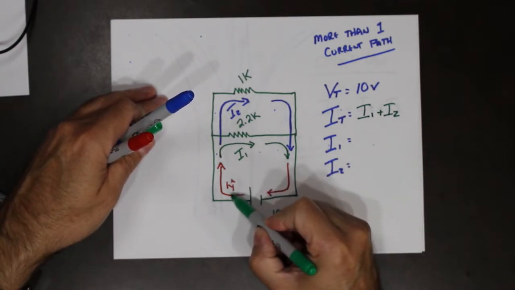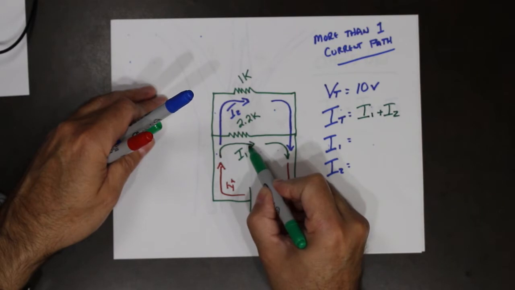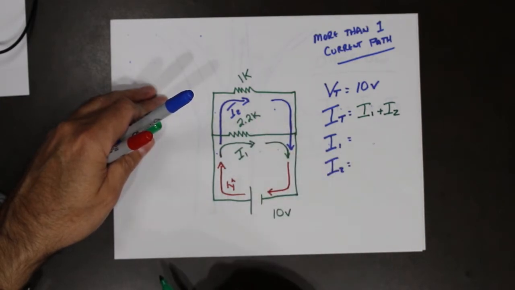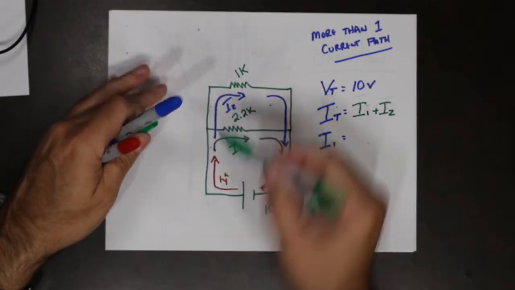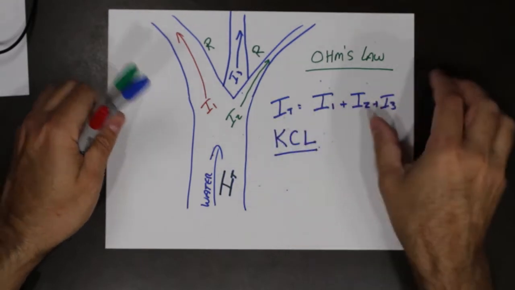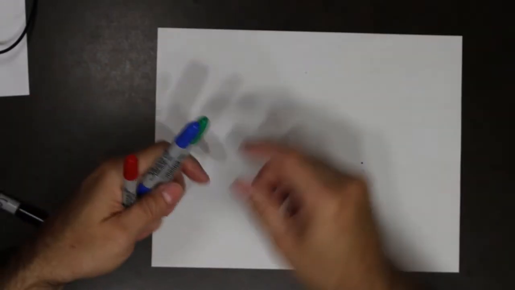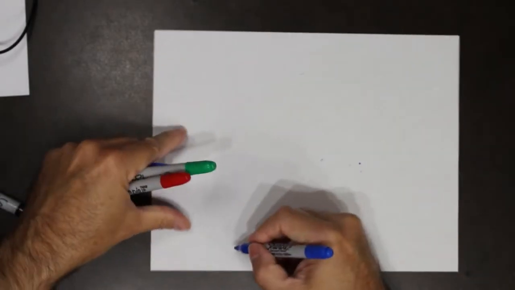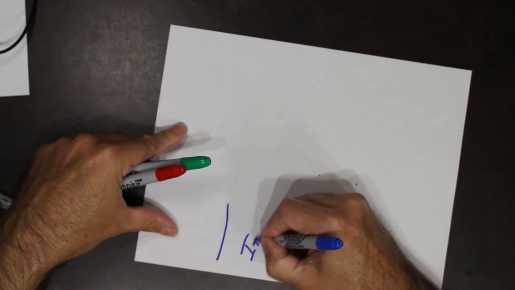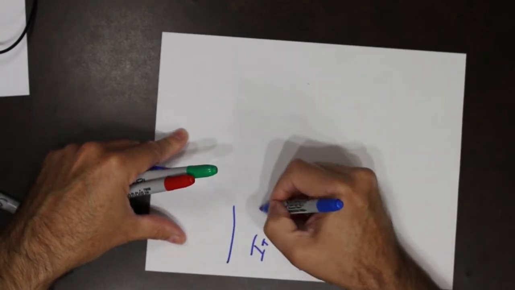So if the total current leaves the source, it will split: I1, I2. Let's go back to this example with the water. So what happens if I have water here? This represents I total. Then I have a split.